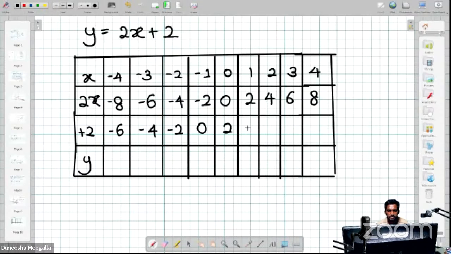Then what do we have to do? Add two again: 4, 6, 8, 10. Now look at the equation we have, 2x plus 2. What is the answer for 2x plus 2 here?